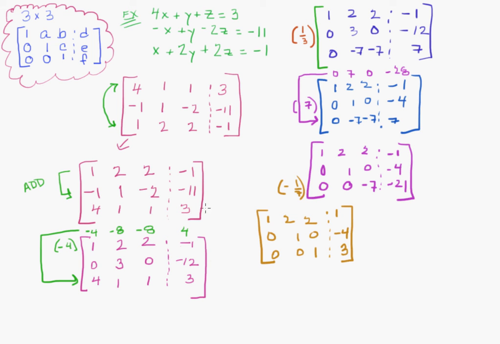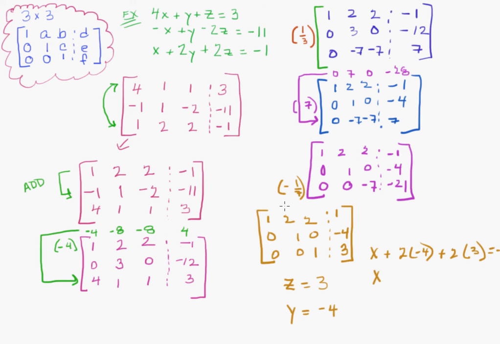So what have I found? I have found out that z is 3. Y has to be negative 4. And then if we substitute these back into, let's say, the original equations, any of them, x plus 2 times negative 4 plus 2 times 3 should equal negative 1.